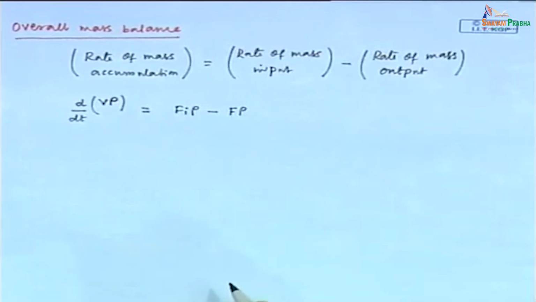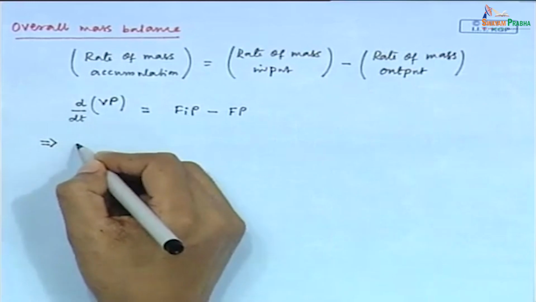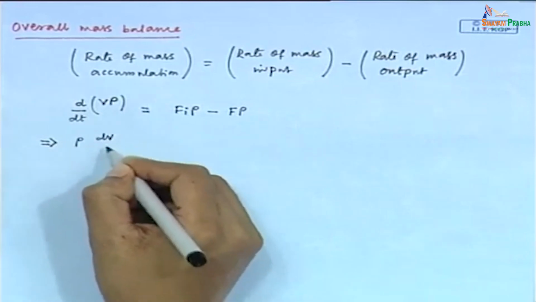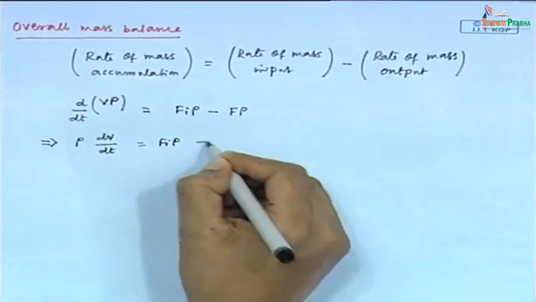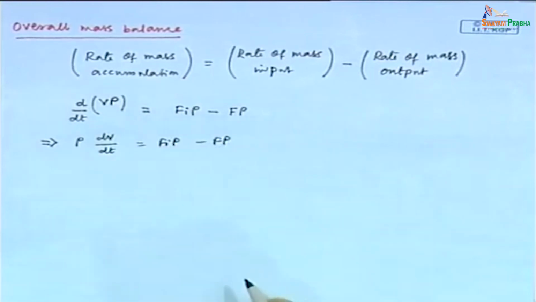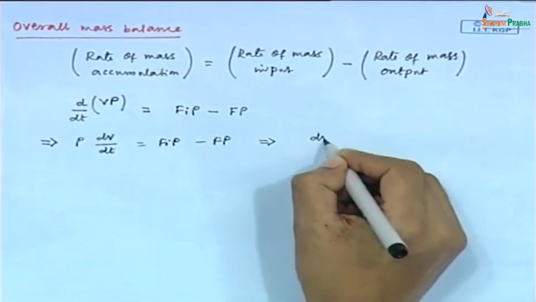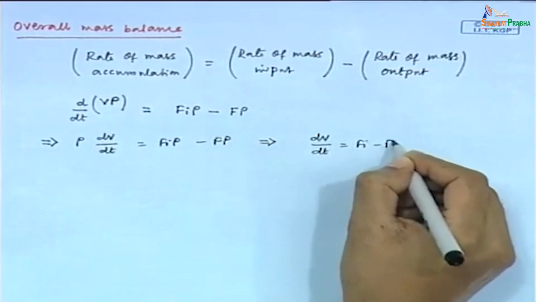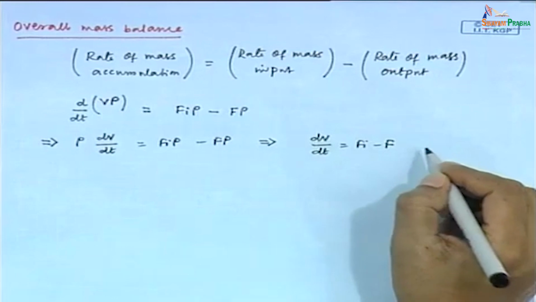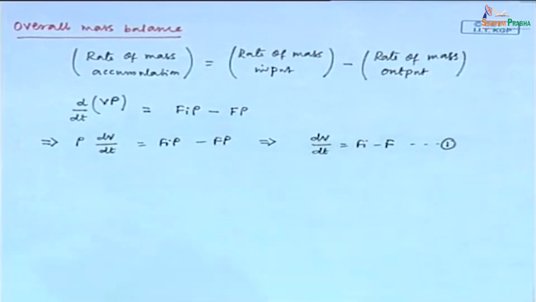Now, we have assumed that rho and Cp are both constant. If rho is constant, then we can write rho dV/dt equals Fi rho minus F rho. That means dV/dt equals Fi minus F. Suppose this is equation number 1.